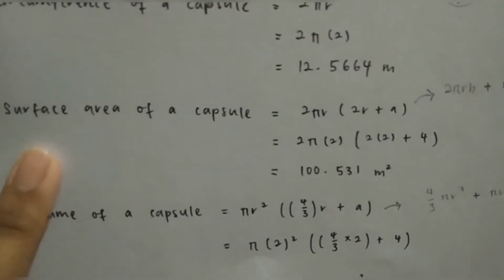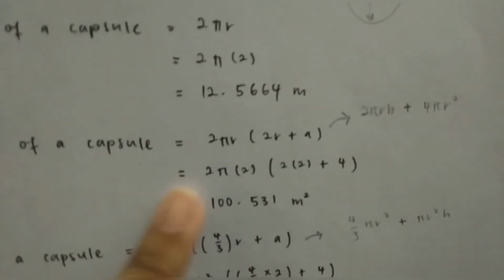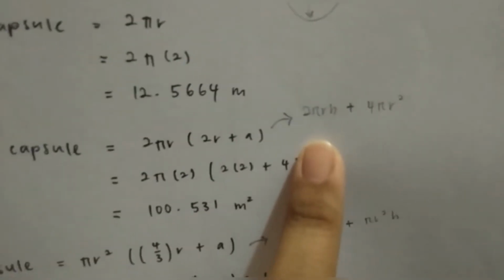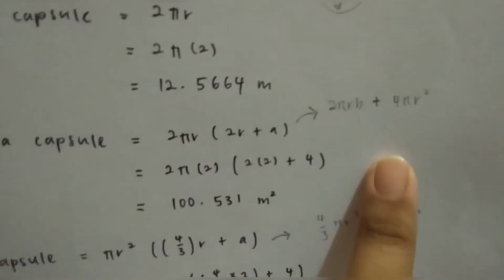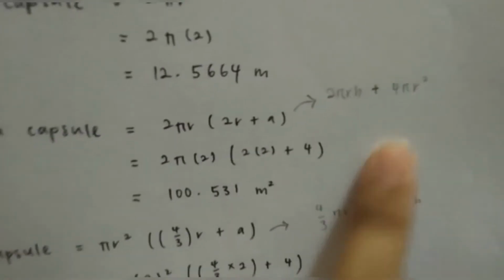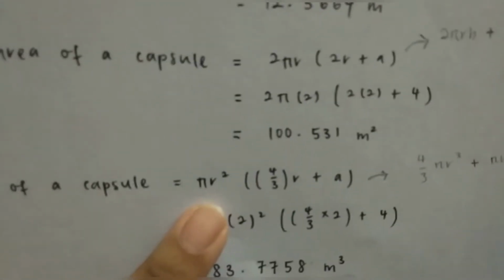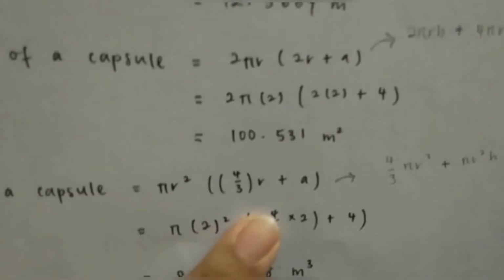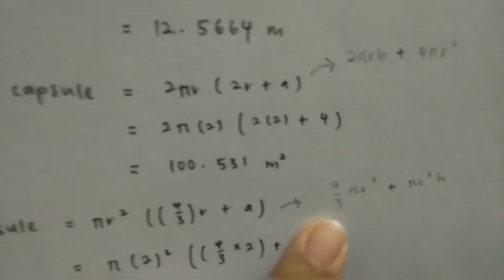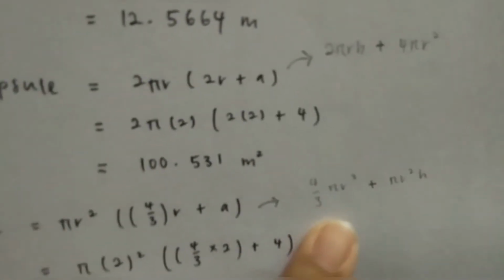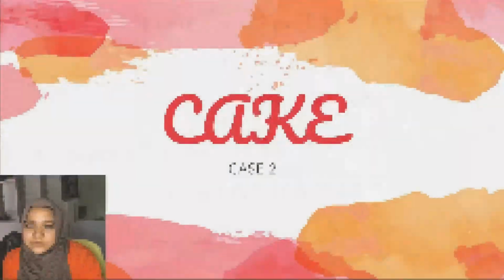For the surface area, we can use this formula, which was derived from the lateral area of a cylinder and the area of 2 hemispheres. For its volume, we can use the formula pi r squared times (4/3 r plus a), which was derived from the volume of 2 hemispheres and the volume of a cylinder, and we will get the answer.